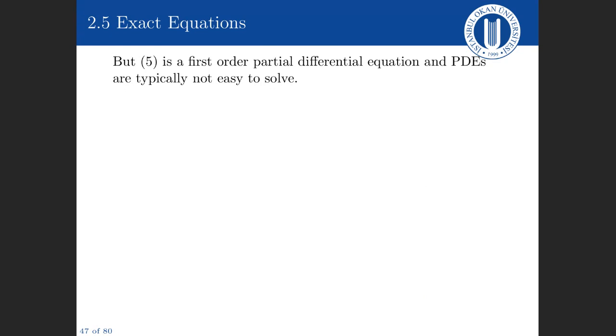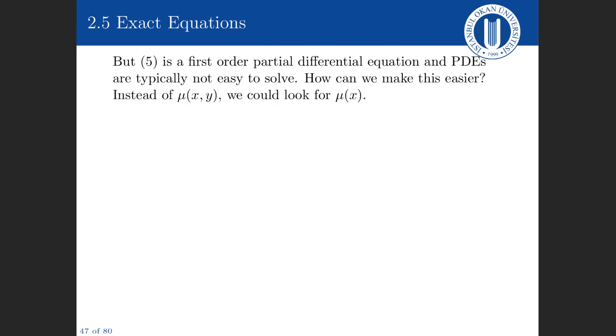But equation 5 is a first order partial differential equation, and partial differential equations are typically not easy to solve. We are in danger of making our problem more difficult instead of easier. How can we make this easier? Instead of looking for a general integrating factor mu of xy, we could look for an integrating factor mu which only depends on x.